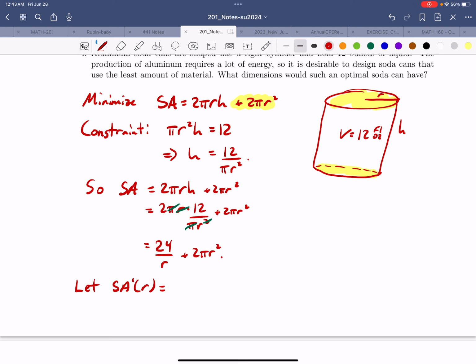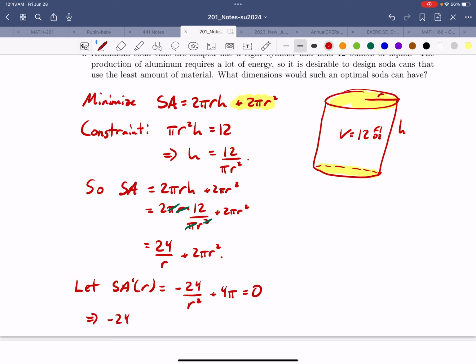There we go. All right, so now we're going to get good because the derivative is going to be negative 24 over r squared plus 4 pi. Let that equal 0. Now, r can't equal 0, so we don't need to worry about dividing by 0. Instead, we're just going to multiply both sides by r squared.